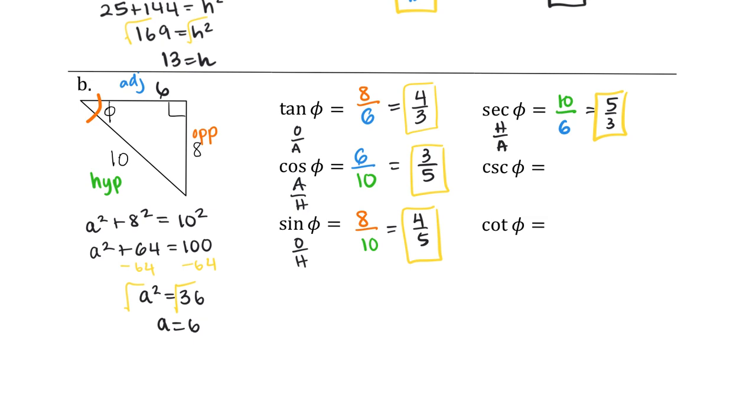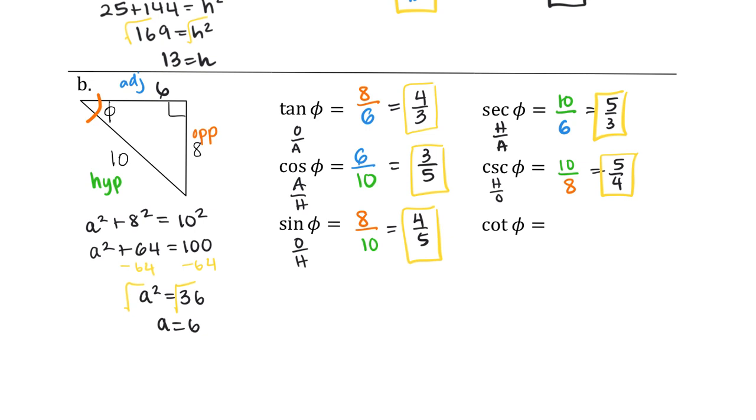Okay, cosecant is the reciprocal of sine. Different letters. Sine is O over H, so this is H over O. H is 10, O is 8. If I simplify it, I get 5 over 4. And again, I could have looked at my answer for sine and then flipped it, and then I wouldn't have had to simplify it.